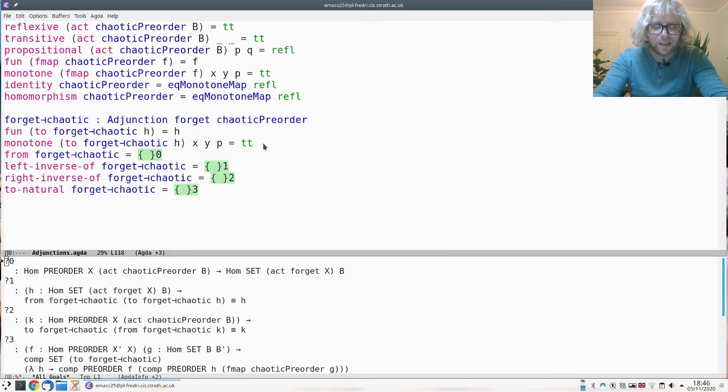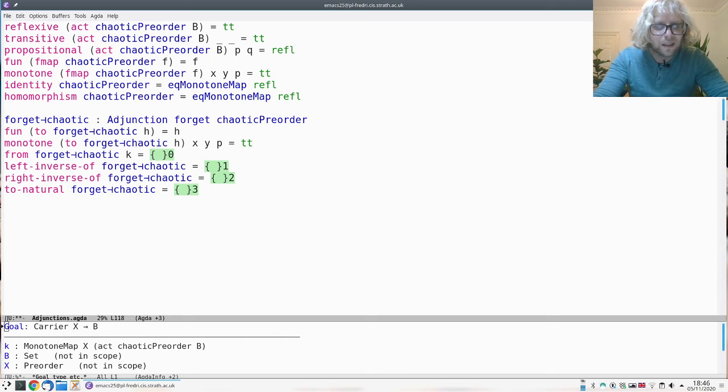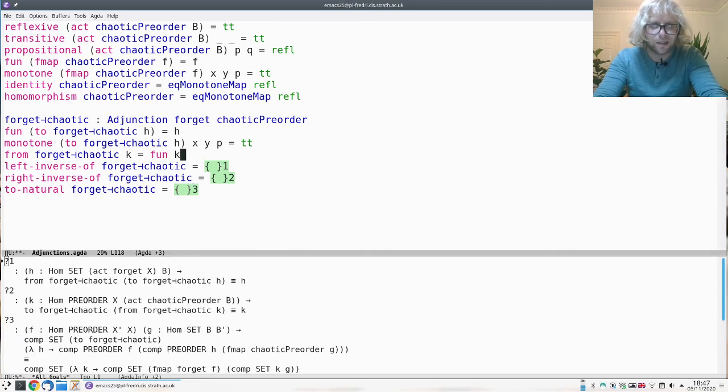Okay, and going the other way, if I have some k like this, okay, so I have a monotone map from x to this chaotic thing, and I want something from the carrier of x to b. Well, if I look at the underlying map of k, that's exactly what I have, so I'm just going to use that, right? So now I'm again basically forgetting about this useless order preservation proof.